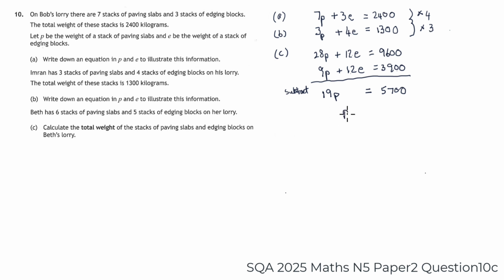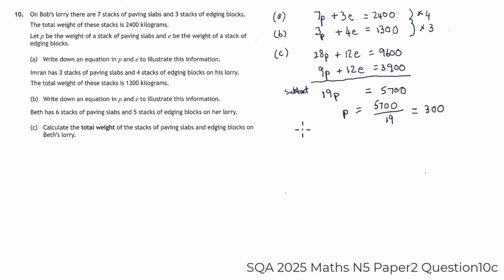And then to find P, what do we do? We divide both sides of this equation by 19. And you'll discover that that goes 300 times. 3 19s are 57. So P is 300.